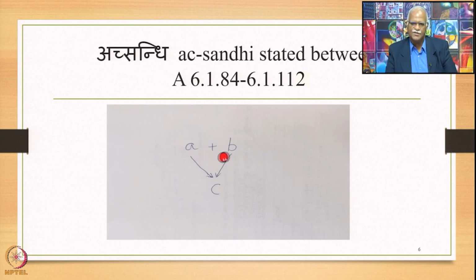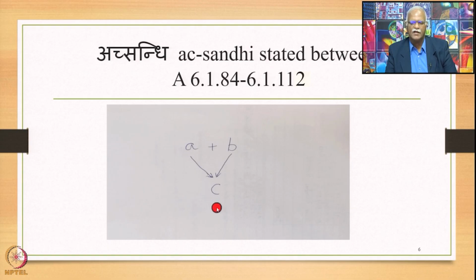So in this environment of A plus B appearing in the Samhita mode, one of the rules stated in this section that begins with 6.1.84 applies and generates the output in the form of C. So A plus B are the two sthanis, C is the one adesha, two substituents, one substitute. A plus B is the input. One of the rules in this particular section applies and generates the output in the form of just C.